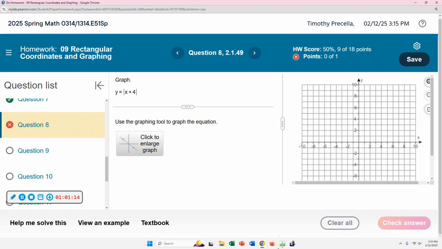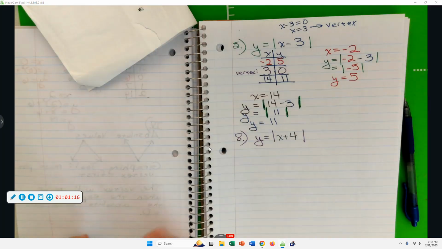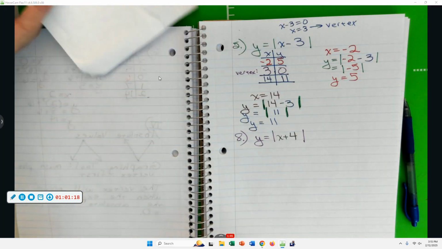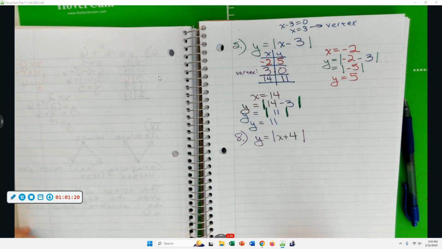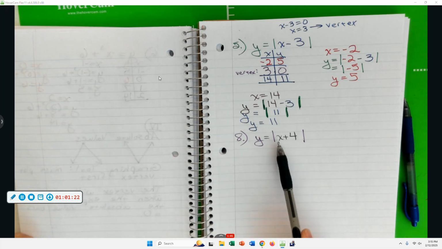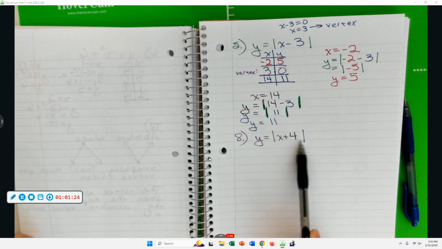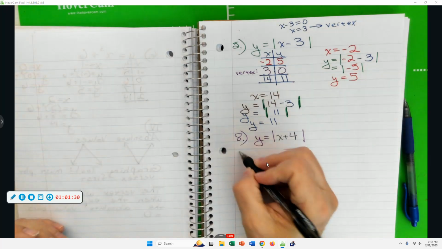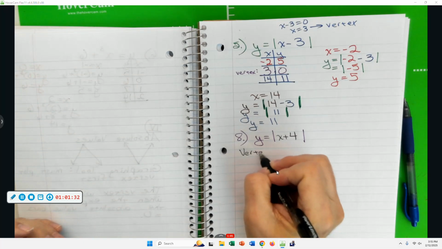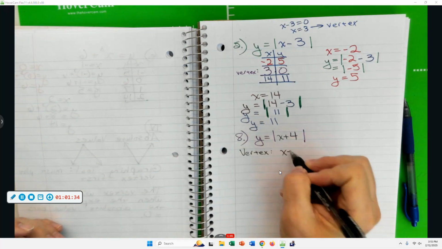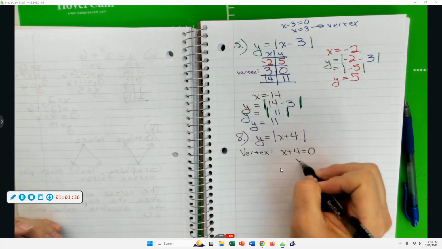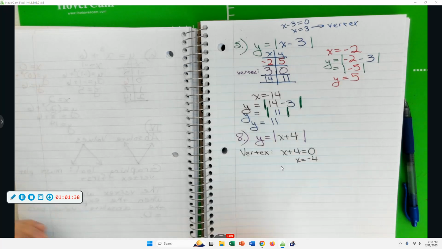I'm only going to make 2 ordered pairs, the vertex and one other point. Let's find the vertex. When is that inside stuff equal to 0? Not at +4, but at -4. So for the vertex, x plus 4 needs to equal 0, so x has to equal -4.